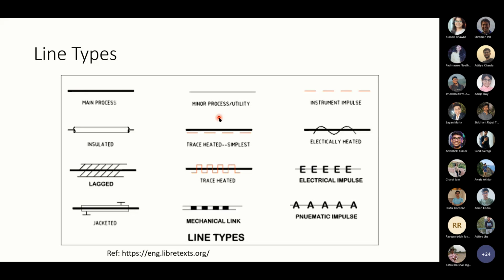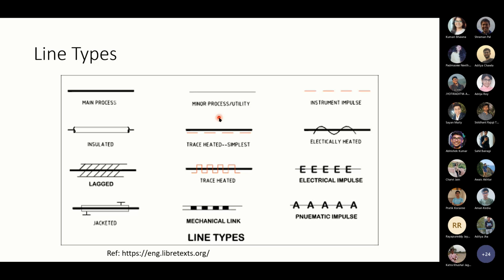If you need to use utilities like cooling water, that is a utility. Sometimes in a heat exchanger, we need to use cooling water to cool the fluid, right? That is where we use utilities, water and air, as common utilities.